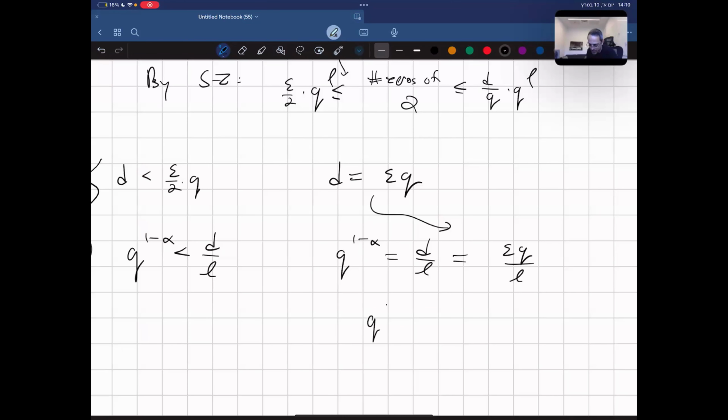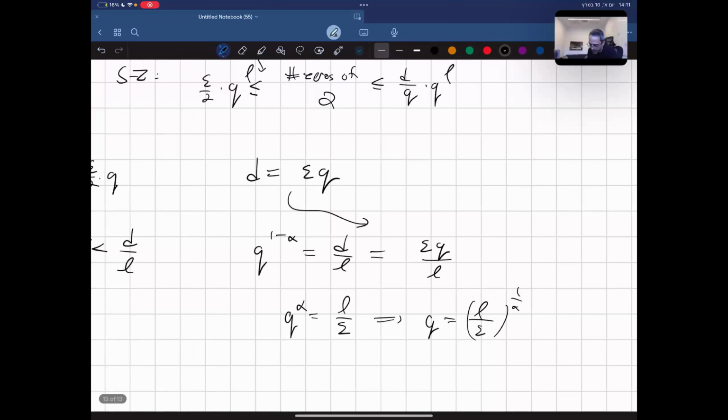So what you get is that q to the alpha is L over epsilon. Therefore, q is L over epsilon to the 1 over alpha, which is roughly the same, but it's definitely smaller than n over epsilon to the 1 over alpha, because L was n over log q. And that's it. That means that the seed length is 1 over alpha times log n over epsilon, as promised.